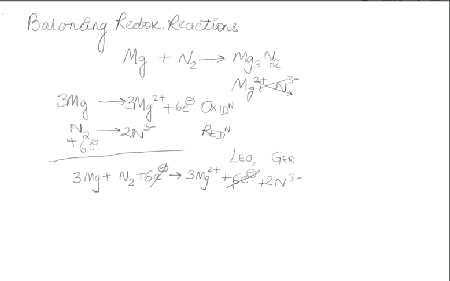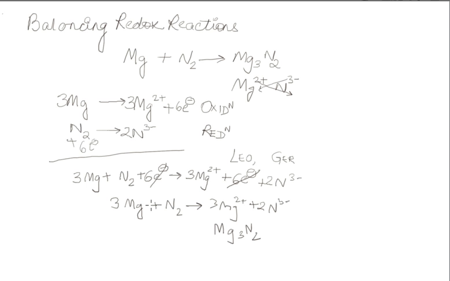The 6 electrons and 6 electrons cancel off, and what's remaining is your balanced redox reaction using the half reaction method. 3 Mg2+ and 2 N3-, which can be written as Mg3N2.